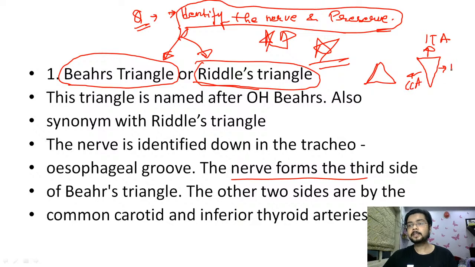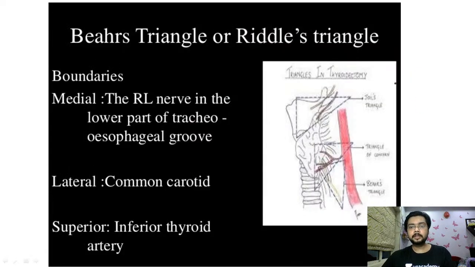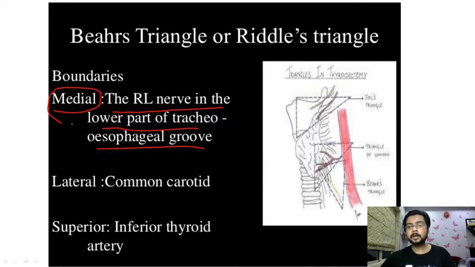So one side is the recurrent laryngeal nerve, superiorly is the inferior thyroid artery, and the other side is the common carotid artery. It will be more clear if you see this. The recurrent laryngeal nerve in the lower part of the tracheoesophageal groove forms the medial boundary.